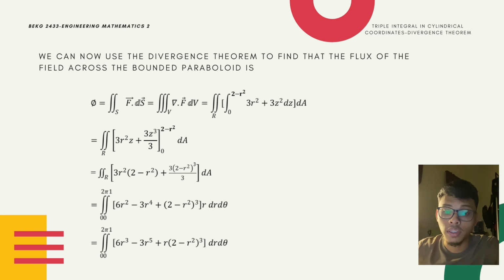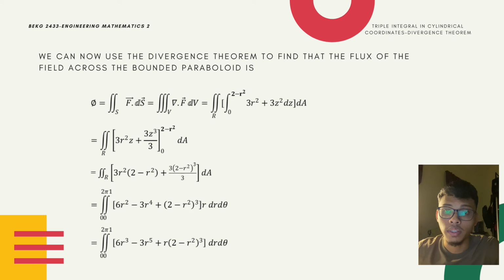First, we integrate the equation with respect to dz with limits 0 to 2 minus r squared. Then we get 3r squared minus 3r to the power of 4 plus (2 minus r squared) cubed. Then we integrate the equation with respect to r dr, so we multiply the r into the equation. Then we get 3r cubed minus 3r to the power of 5 plus r times (2 minus r squared) cubed.